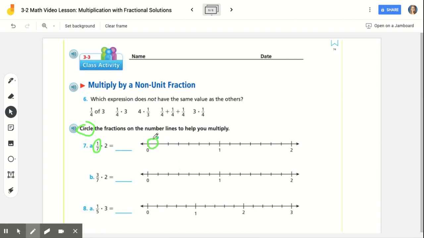So 1/7 is circled in the first whole, and we can even label it 1/7. And then for this second whole, split up into 7 pieces, again, how many should I circle to represent 1/7 of my second whole number? Just 1 part out of a total of 7.